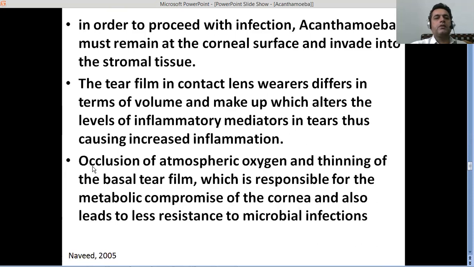And the third thing is occlusion of atmospheric oxygen and thinning of the basal tear film, which is responsible for the metabolic compromise of the cornea and also leads to less resistance to microbial infections.